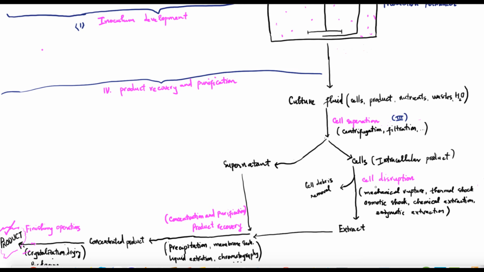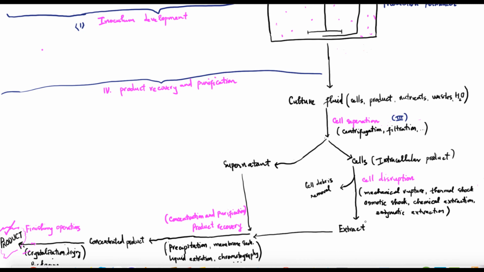After the cells are broken, the product will be released to the outside. We also need to remove the cell debris from the mixture. Cell debris removal can be done by using centrifugation, membrane methods, or filtration, right? Then we will get what is called an extract.